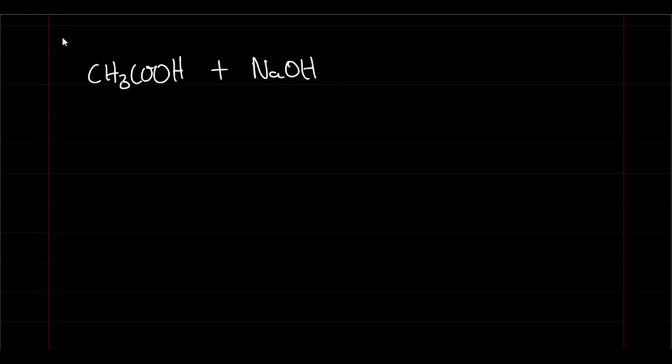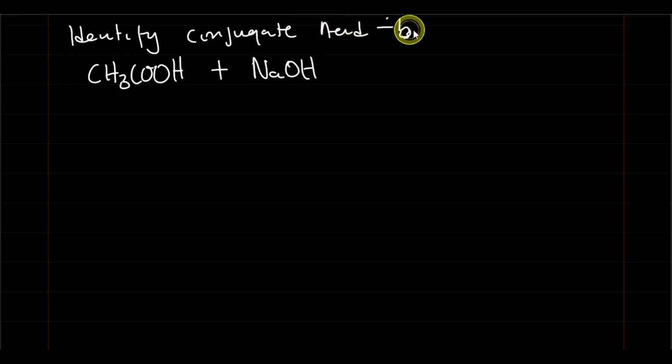If they ask you to identify conjugate acid base pairs, this ethanoic acid, when it reacts with sodium hydroxide, here we have a double arrow.